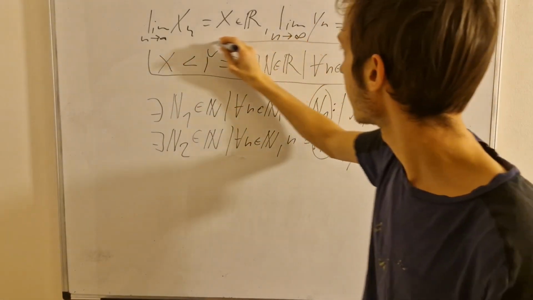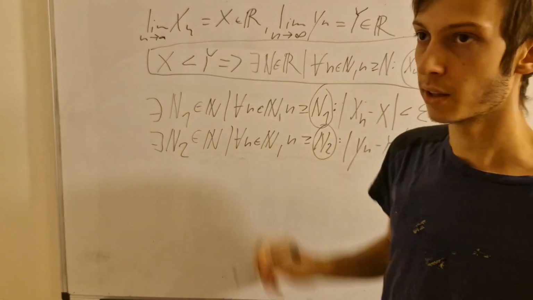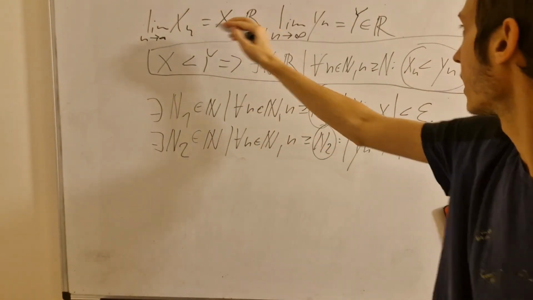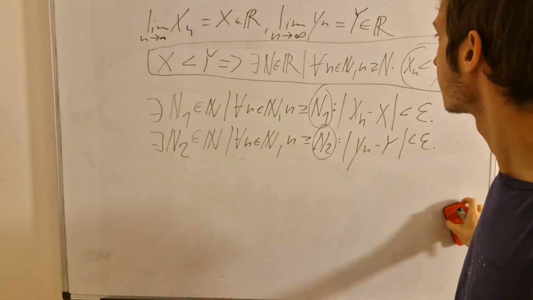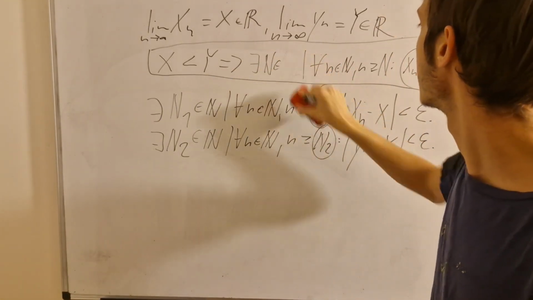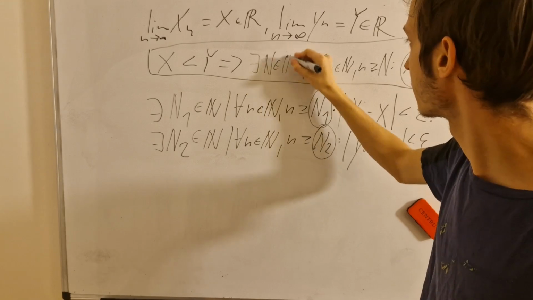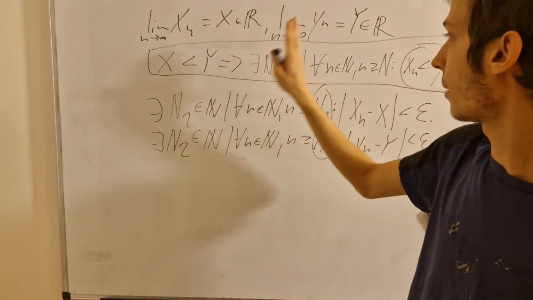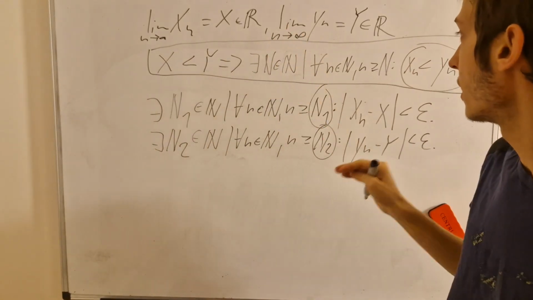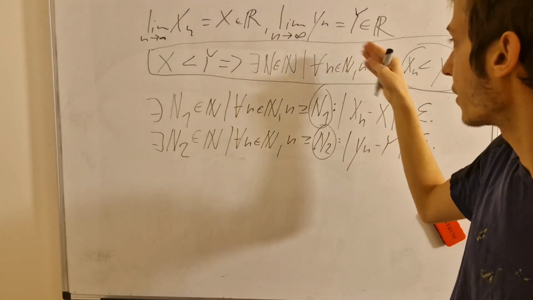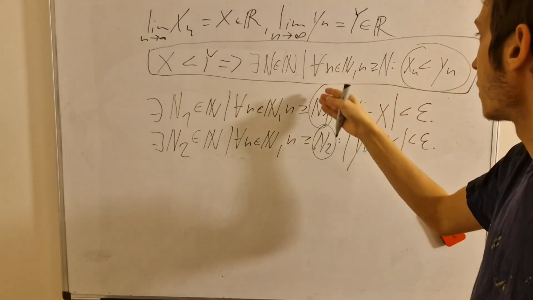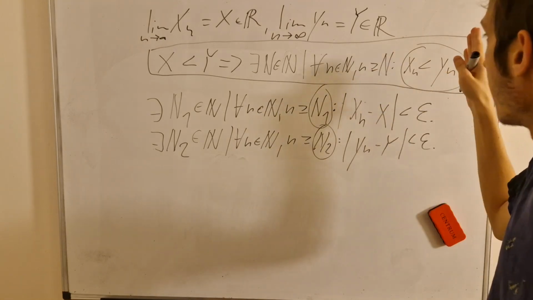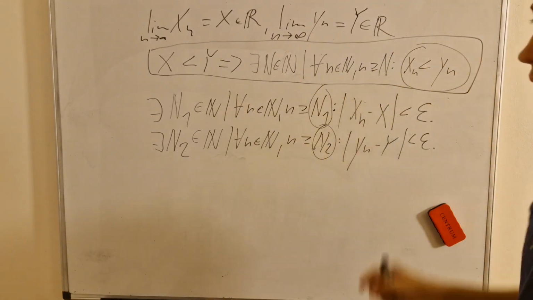If X is lower than Y, the limit value is strictly lower than the limit value of the right sequence, X and Y respectively, then there will exist some real number, this is a natural number, that was a mistake, so a capital N natural number, such that for any natural number n higher than this natural number, every term x_n is smaller than y.